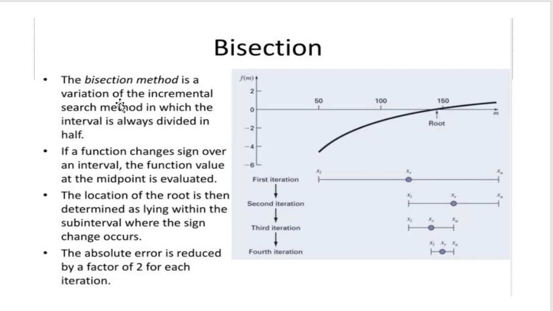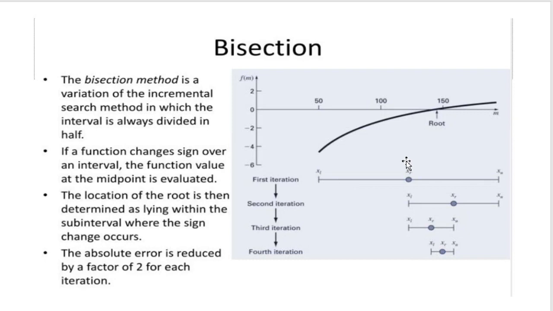The bisection method is a variation of the incremental search method in which the interval is always divided in half. If a function changes sign over an interval, the function value at the midpoint is evaluated. So once we have selected the range xl to xu, what we do next is find the midpoint of the range xl to xu.